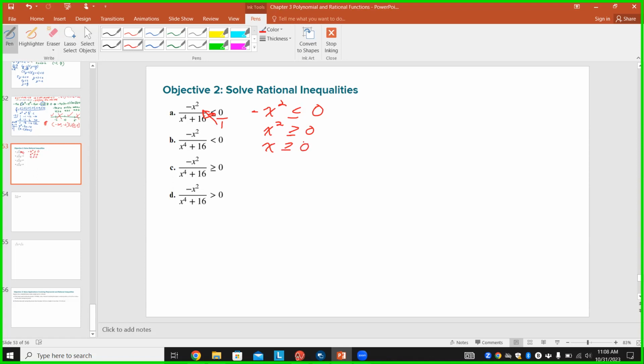So on part A, we just see that the answer is going to be 0, 0 to infinity. Oh, but what should the 0 be? Man, I got that all backwards there. Delay.